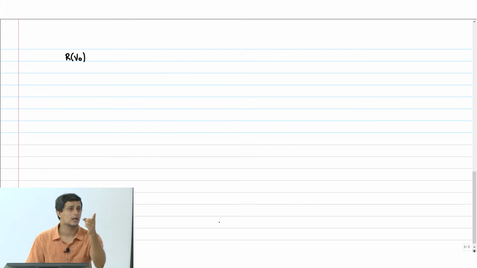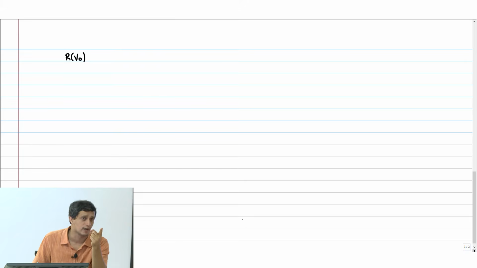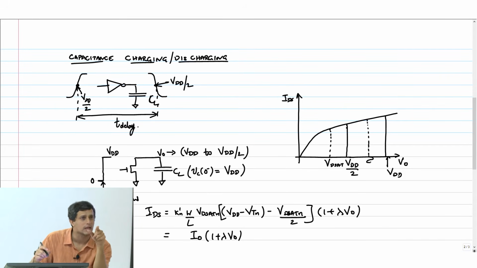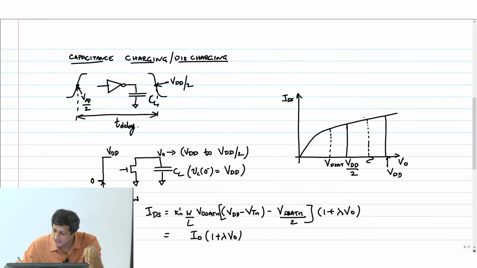Last class somebody asked me, why don't you do a derivative out here? See, in analog it's okay to do a derivative because you fix your bias somewhere here, and then you do some sort of small signal analysis over that bias point. So in some sense we have linearized this whole thing.